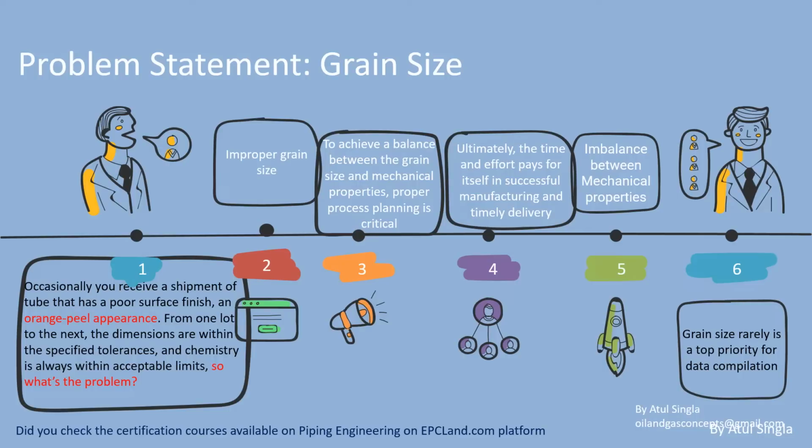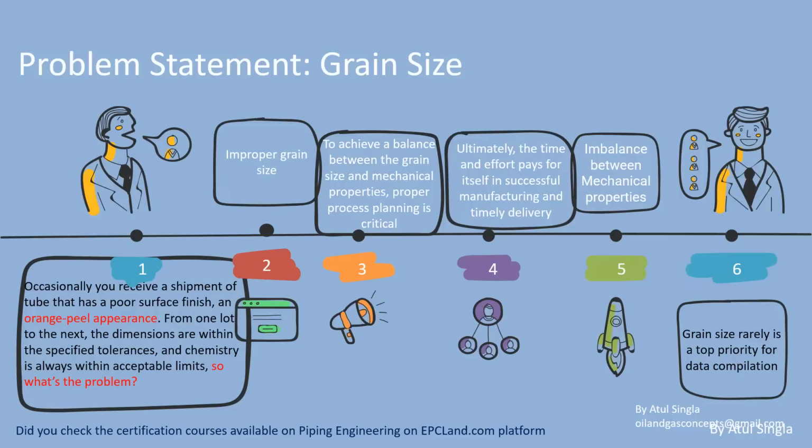From one load to the next, we check all the dimensions are within the limits specified in the ASTM standards. All have passed through the quality checks, but still there is some problem, right? Everything is within the acceptable limits, but still these are not acceptable. Why? Because the orange peel appearance is there.